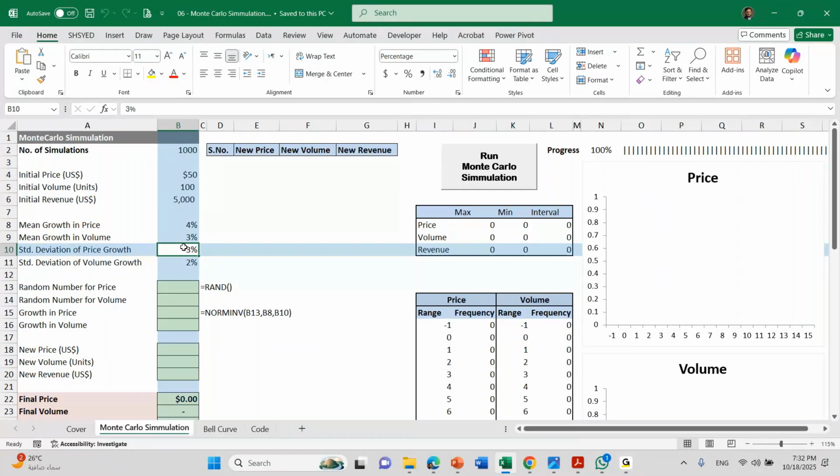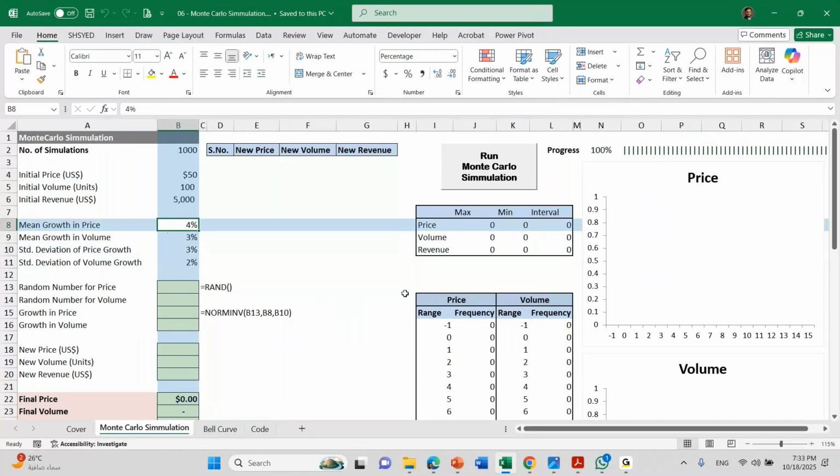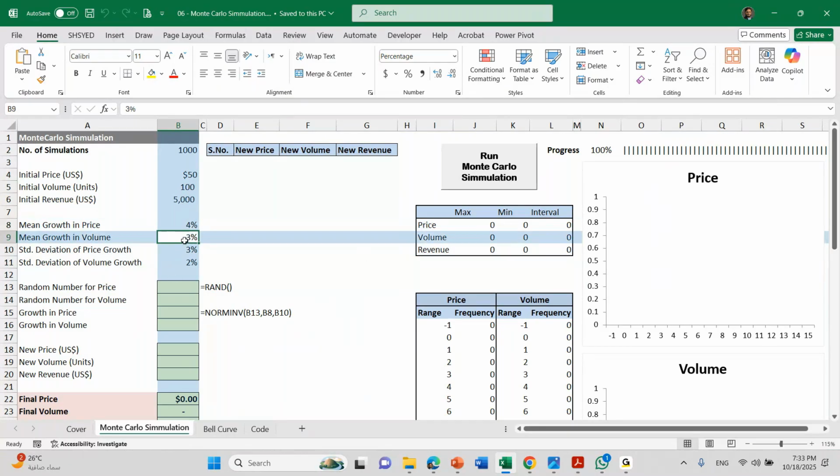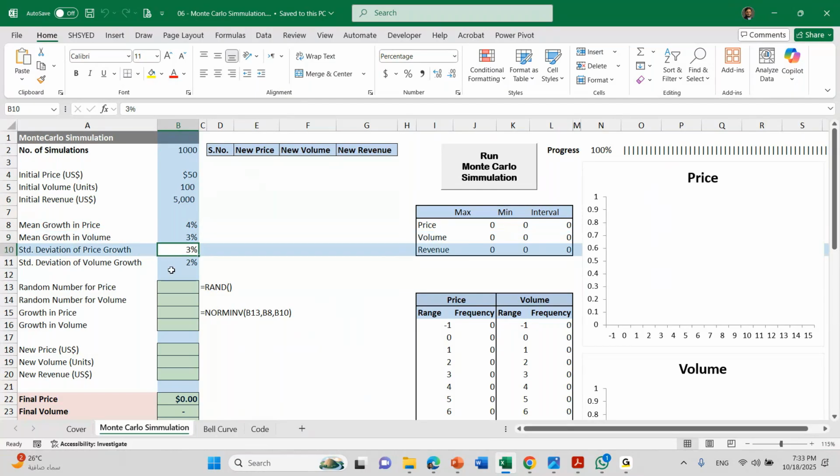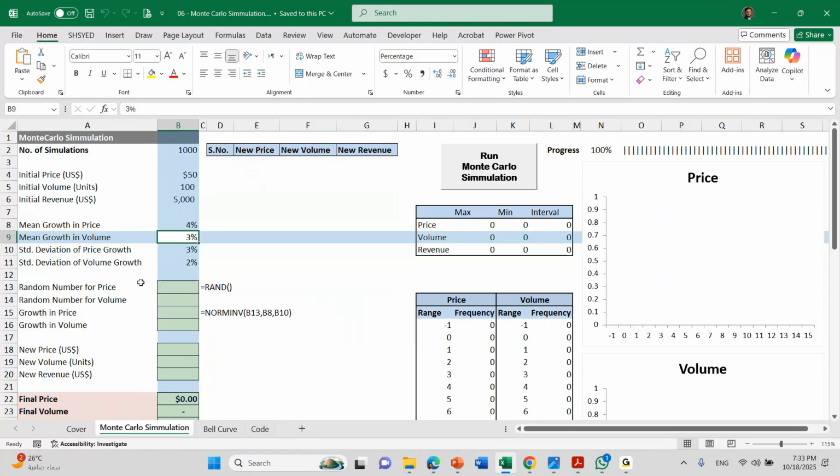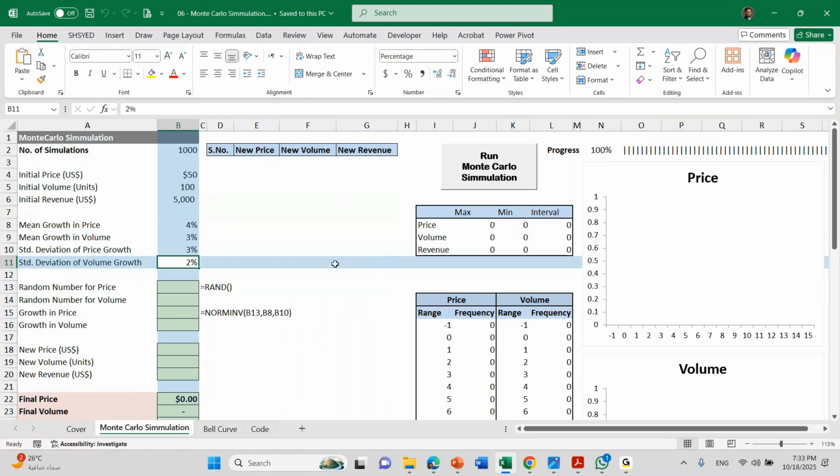What can be the possible price for the next transaction based on the historical numbers of mean growth in price and standard deviation of price growth, and for volume, mean growth in volume and standard deviation of growth in volume also. What would be the next possible item?